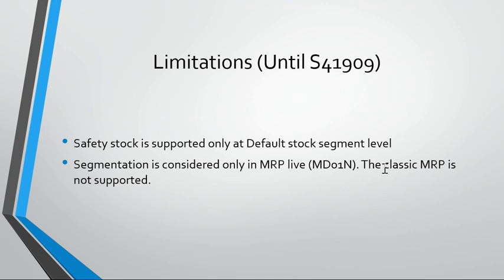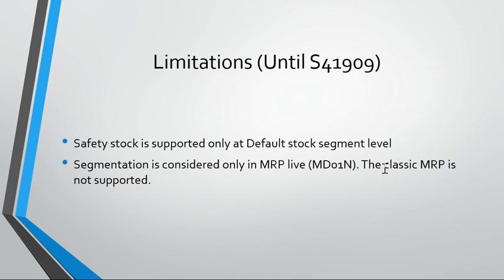If you have some safety stock that is applicable for a material, but the material has multiple requirement segments, right now SAP does not understand which requirement segment is applicable for that safety stock. So that's why that functionality is not properly available as of now.